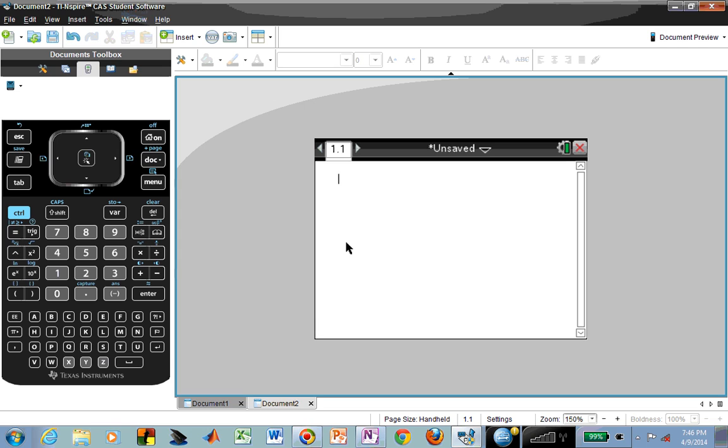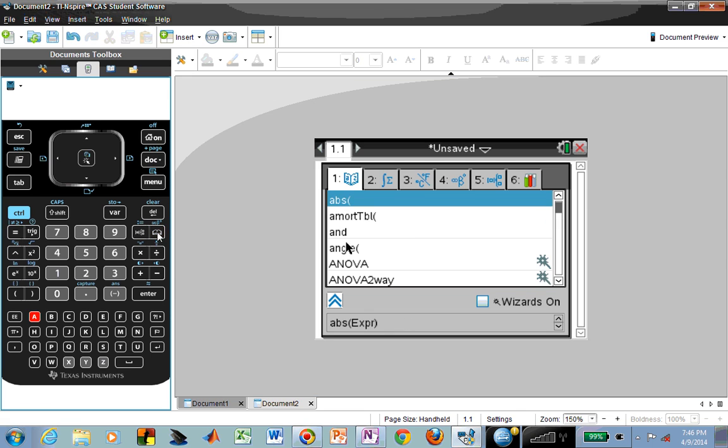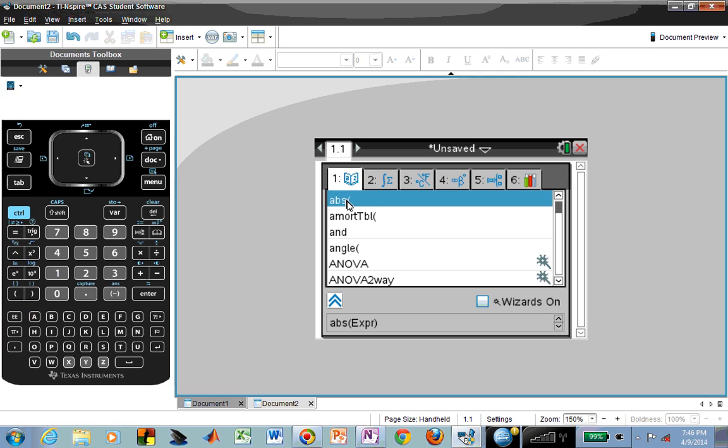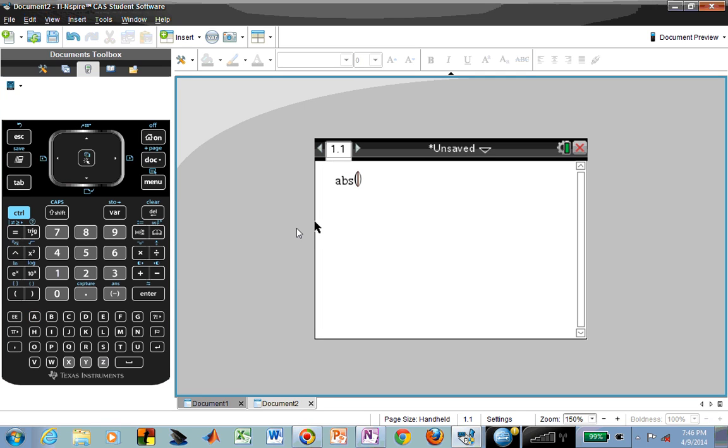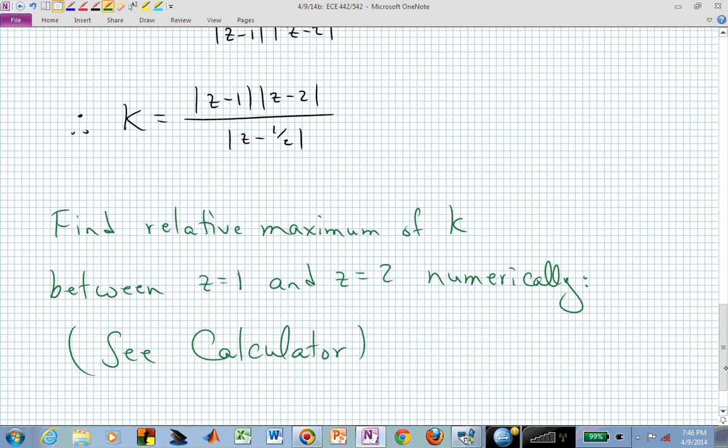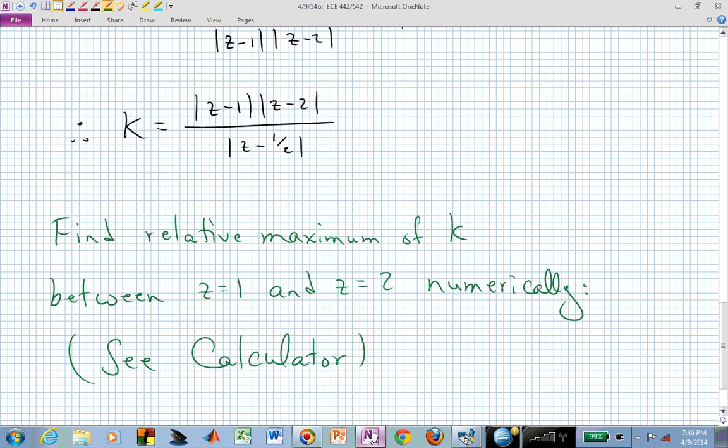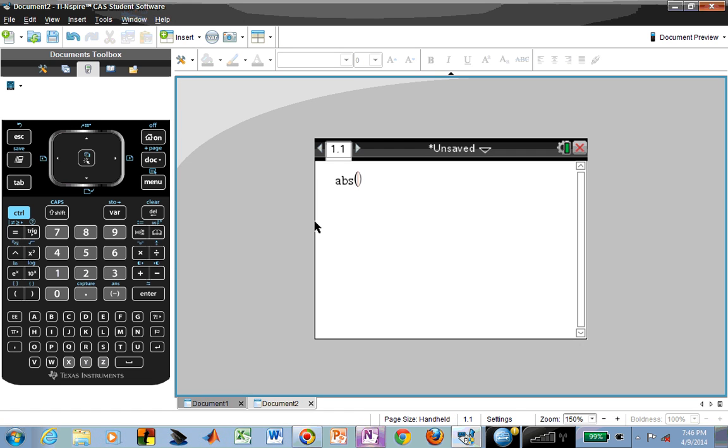Here is our TI Inspire, and now what I want to do is find the absolute value of different terms, which is really just the expression for k that I've identified here. So now I have the factor z minus 1, and I have the factor z minus 2.